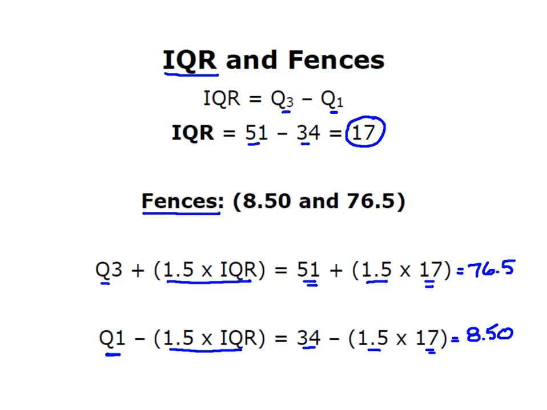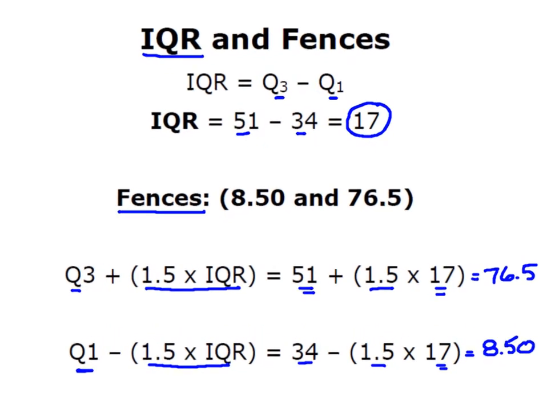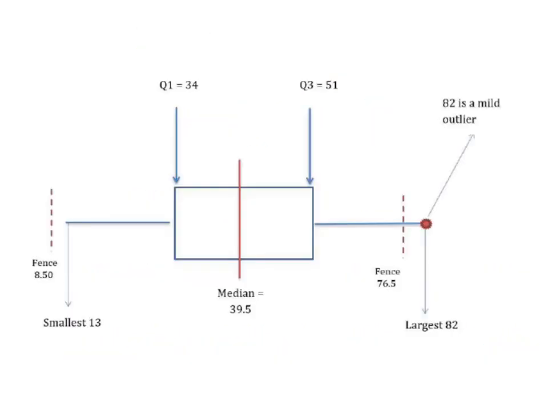Now I finally have everything I need to make this plot. So from the magic of computers, here's my box plot. The width of my box, from the lower hinge to the upper hinge, is simply the IQR. My box is hinged by Q3, or 51, on the top, and Q1, 34, on the bottom.